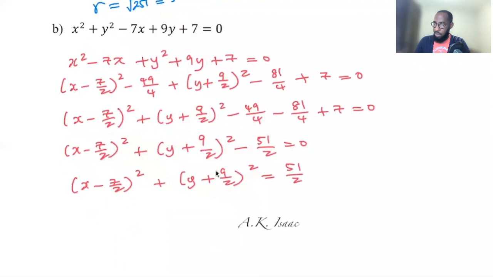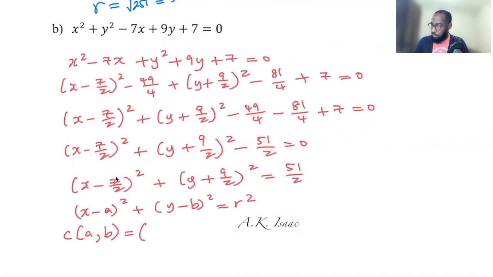So here we have, zoom it in, we have x minus a. If I write the general form of the equation of a circle, the center (a, b) is equal to, same sign, a is 7 over 2, comma, b, we have different signs here, so b is equal to negative 9 over 2.